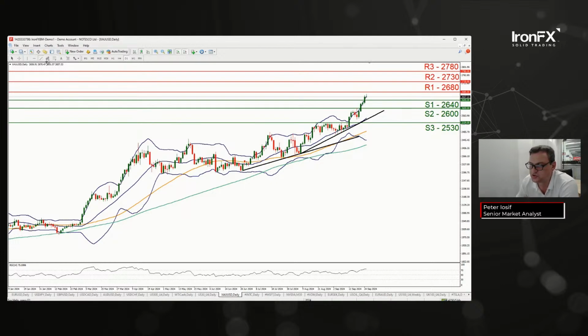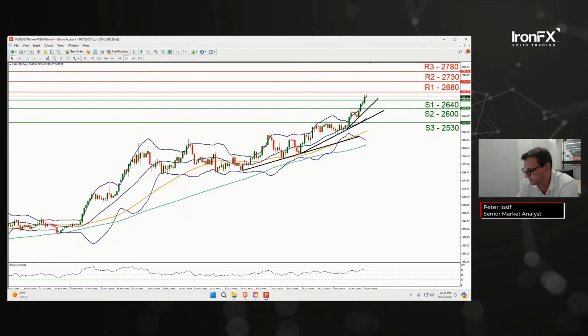So the divergence has widened, and some have implied that this would signal a new upward trend line. A possible stabilization, in our opinion, for the time being, would be temporary. And in that case, we may see the price action remaining between the R1 2680 and the S1 2640.